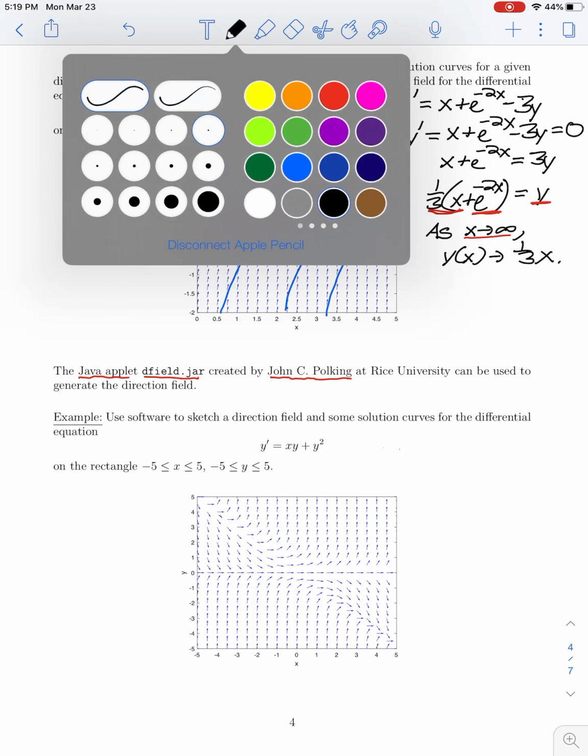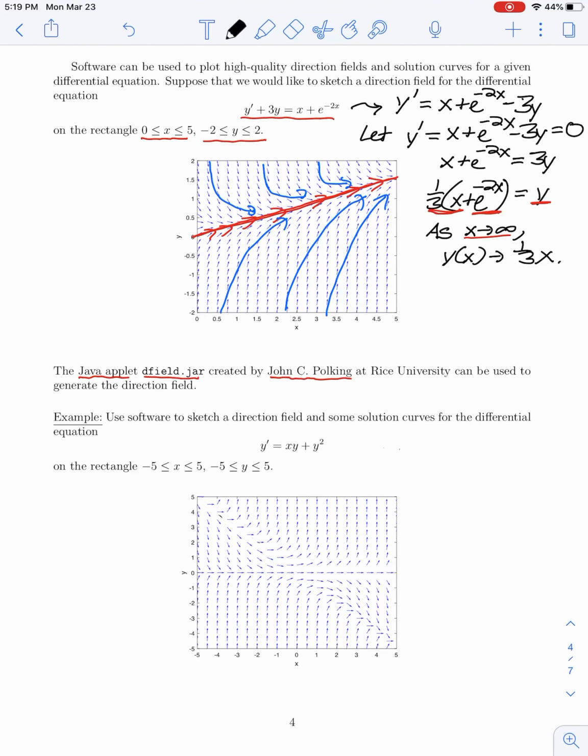But if we were to consider, again, some equilibrium curves or equilibrium solutions, we might try setting y prime, which in this case, if we factor out a y, leaves us with x plus y equal to 0. And if we solve for y, we have two options.